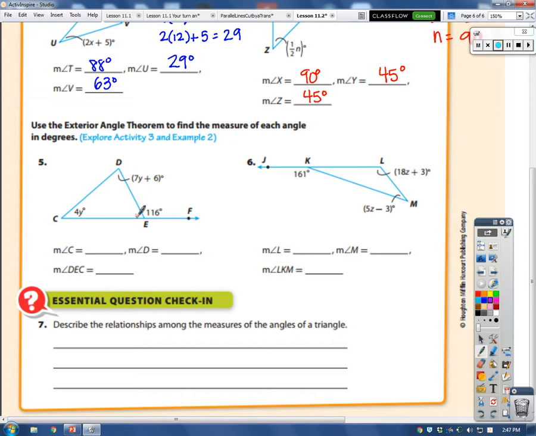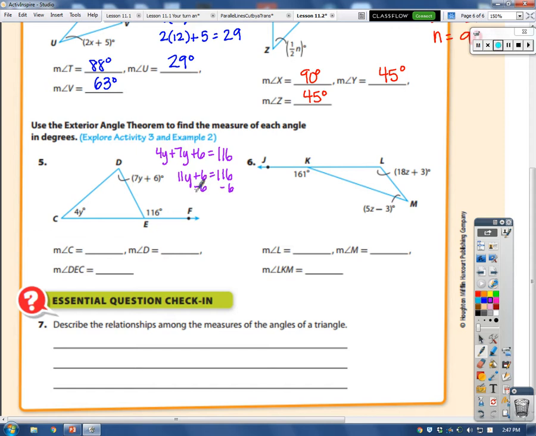So we're going to set another equation. And this time we're going to set these two angles equal to 116. So we have 4y plus 7y plus 6 is equal to 116. Combine our y's, and we have 11y plus 6 is equal to 116.